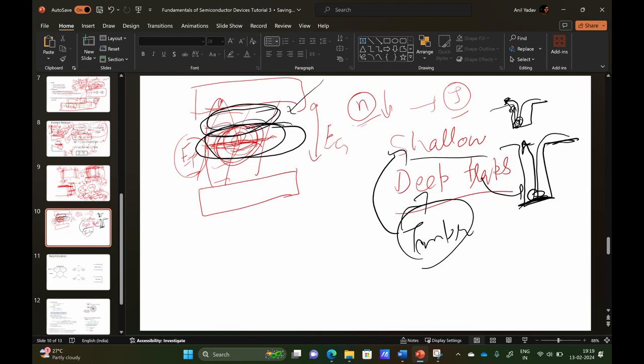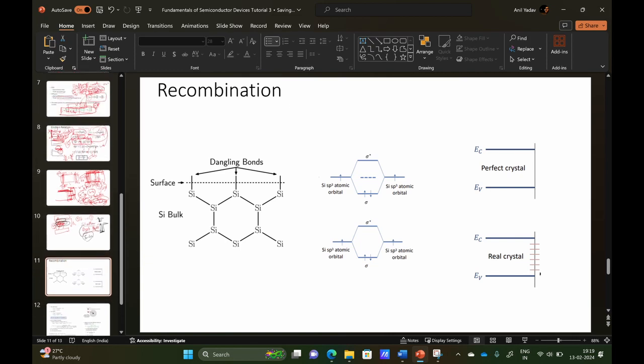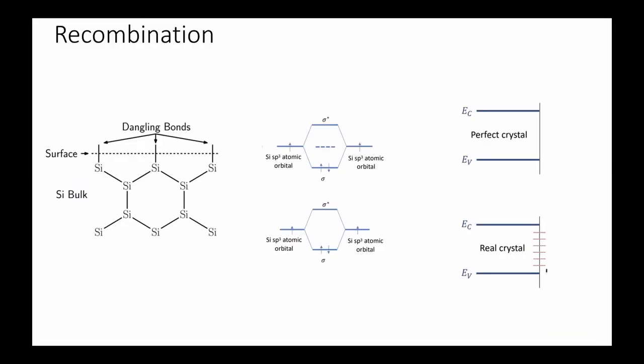Okay, so in the next one, how many slides? Two more slides are there, but we need to go long. So in this one, I am showing how these traps are created.